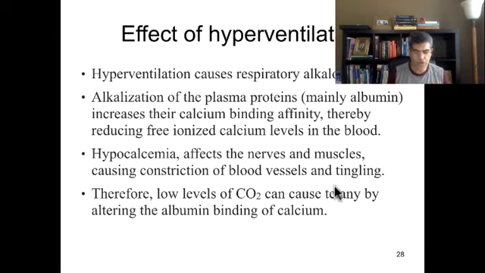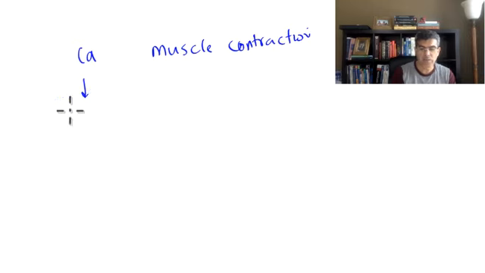Now, I have to make sure you understand this one because some of you right now are probably confused. Some of you right now are thinking, wait a minute, you said calcium is needed for muscle contraction. And now you're saying if the calcium goes down, your muscle is going to contract. How does it make any sense? Remember, for muscle contraction, we need calcium inside the cell. This calcium is inside the blood.